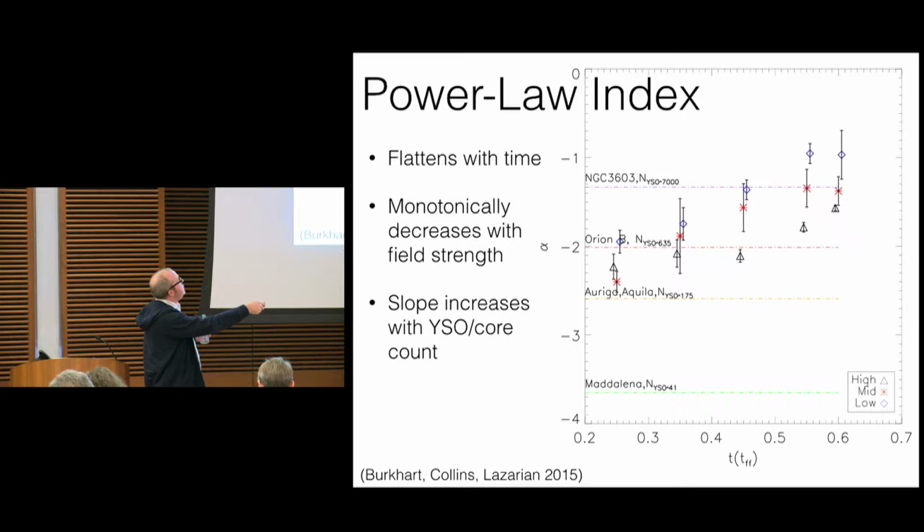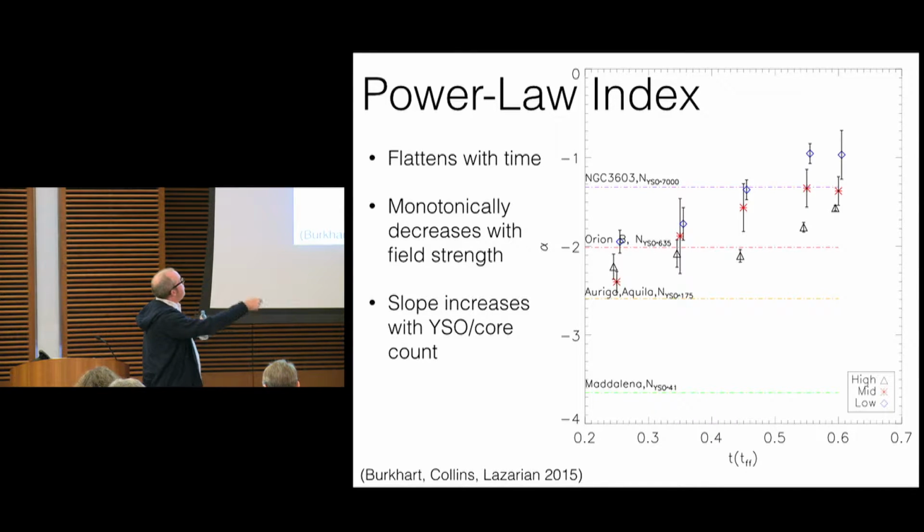Additionally, we see a shallower slope, so more material at high density for the more weakly magnetized runs. Additionally, we overplot the spectral slopes and YSO counts for several clouds, 3603, Orion, Auriga, and Maddalena, which have an increasing number of YSO counts, which is intriguing.